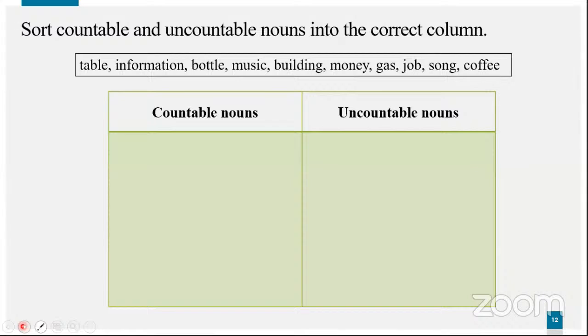Sort countable and uncountable nouns into the correct column, right? I have given you some nouns in this box, right? So please sort them into the correct column, right? Here you have to write the countable nouns. Here you have to write the uncountable nouns. Right, now do it. I will enable the chat so you can put your answers.